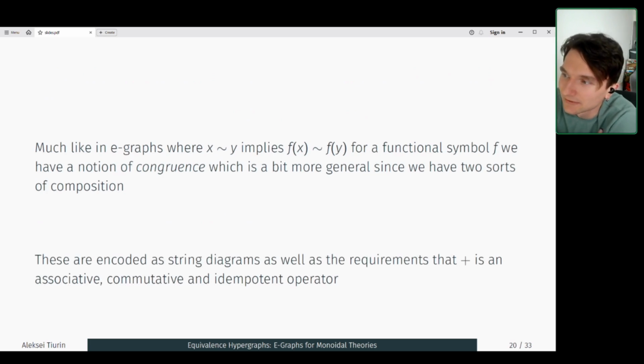And much like in E-graphs, where we have a rule for congruence, so that x equivalent to y implies that f of x is equivalent to f of y for some function symbol f, we have a more general notion of congruence for our string diagrams, because we have two types of composition, parallel and sequential. We encode these congruence conditions in string diagram form, as well as some of the properties of plus, namely its associativity, commutativity, and that it's an idempotent operator.